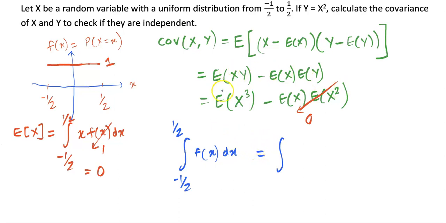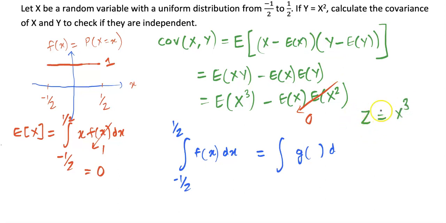And let's say the new distribution of x cubed, let's call that g of x. Or maybe I should use a different variable just so that it's not ambiguous. So let's say the new variable is z. Let's say z equals x cubed.